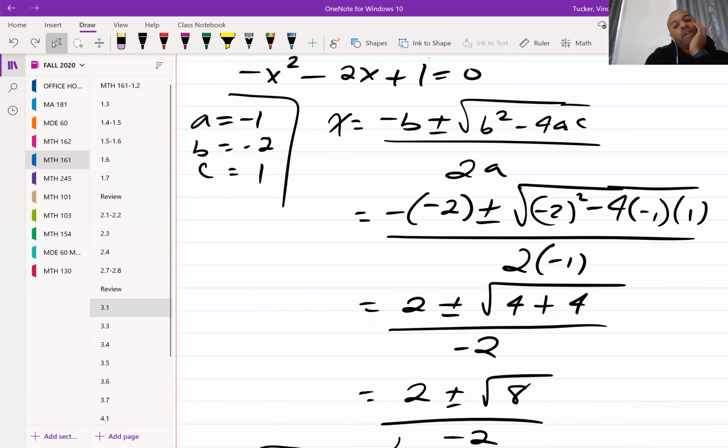So simplifying, we'll have 2 plus or minus square root of 8 over negative 2. We can actually simplify that further.